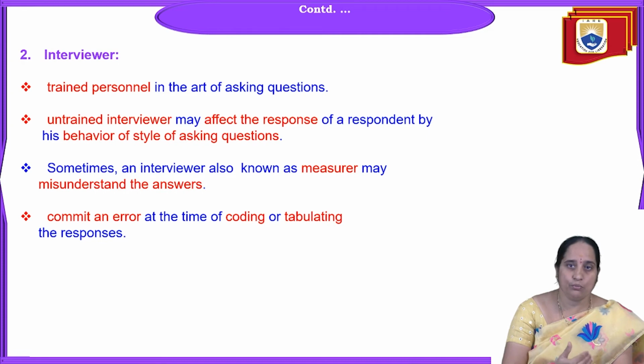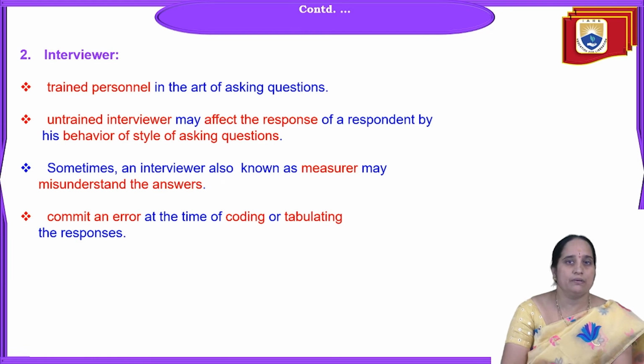If a person asks very gently and politely, the other person will also respond in the same manner. If you ask in a rude manner, ordering or commanding, you will get that type of answers accordingly. So your behavior and style of asking questions is very important at the time of data collection from the respondents, whether it is a small sample or a complete enumeration.